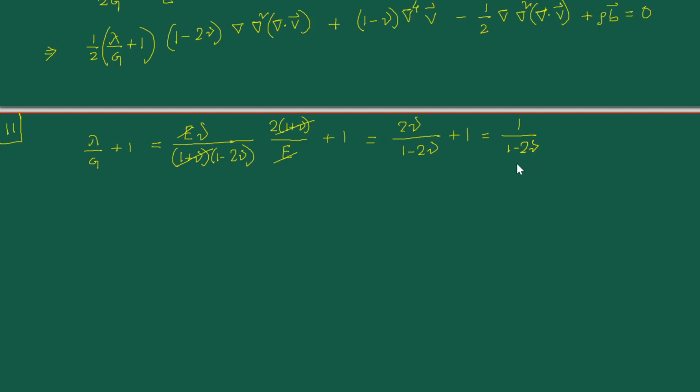And this should make you particularly happy because you see this lambda by g plus 1 that is multiplied with 1 minus twice nu. So that is basically cancelling with this.